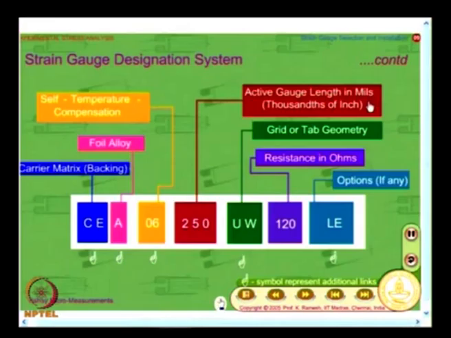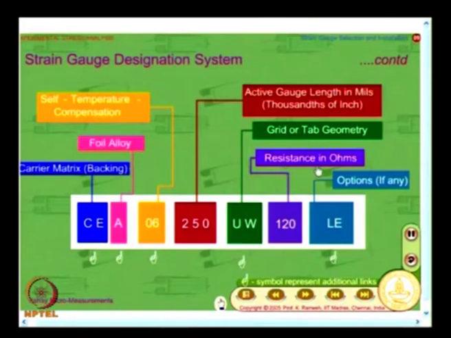See, though you have SI units, this is the kind of system that they use in the USA. So, a USA manufacturer gives you only in terms of mils, and then you have grid or tab geometry. This becomes important when you look at a particular installation, you need to have the tabs at a particular orientation.